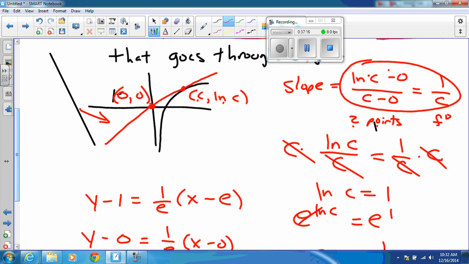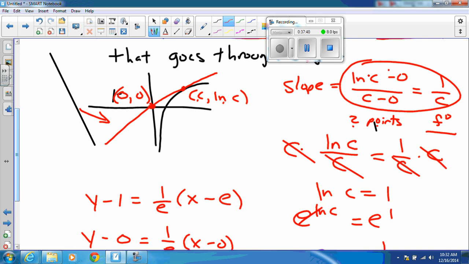It is. The slope is ln c over c. It is also 1 over c because that is the derivative of natural log of x, evaluated at c. Because my line just doesn't go through these 2 points, it is also tangent to the curve. 2 conditions, 2 different computations for the slope.